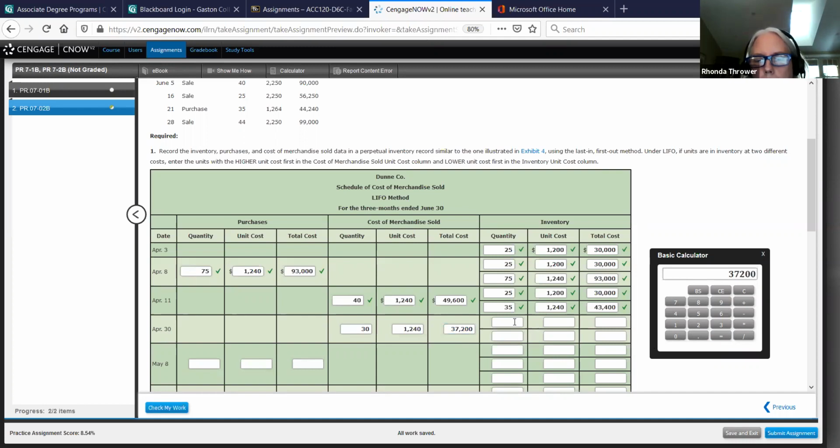So then we're going to write down what we have left. We have all of our beginning inventory layer left, all 25 units at $1,200 a piece, which was 30,000. And because we sold 30 of the 35 units, we have 5 units left over at the cost of $1,240.